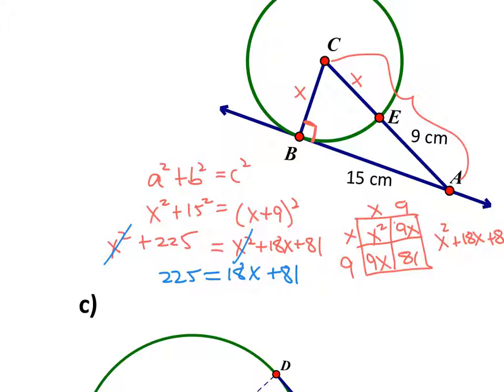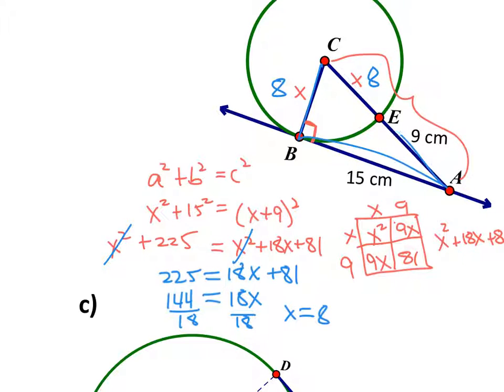So take away 81 from both sides. 18x is 144. So dividing by 18, then x is equal to 8. So we were able to get that the radius of the circle has to be 8 in order for this to be a right triangle right there.